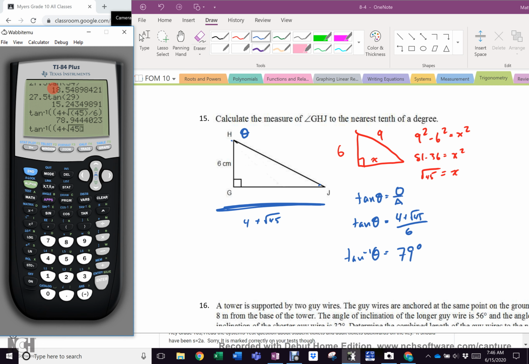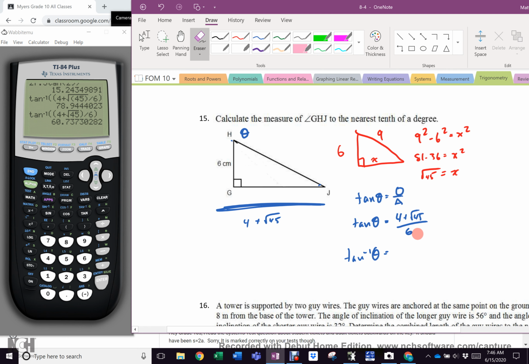Close the brackets, divided by 6, close the brackets. There we go, 60.7. That's more like it. So 61 degrees.